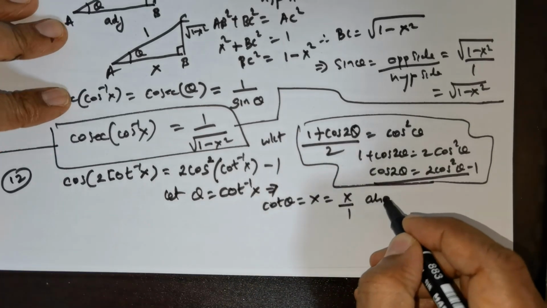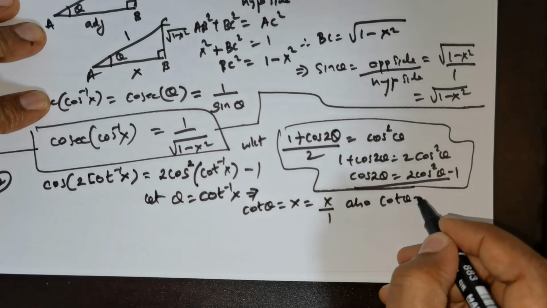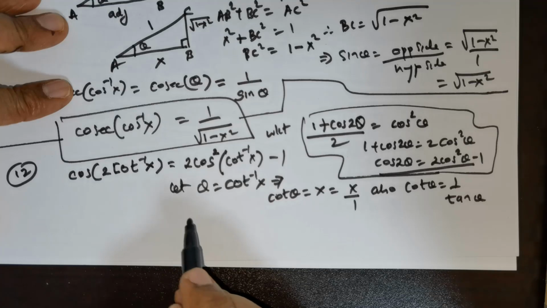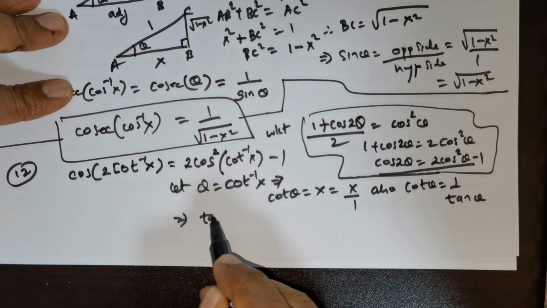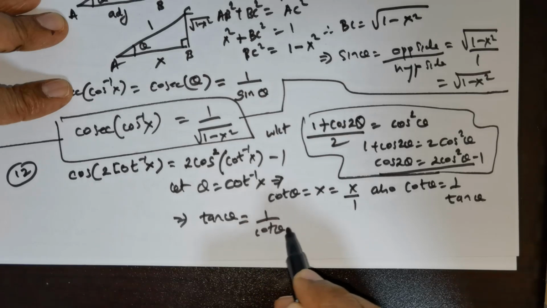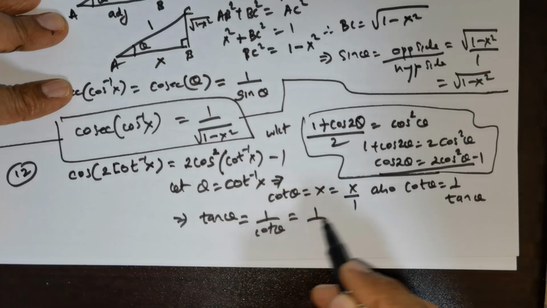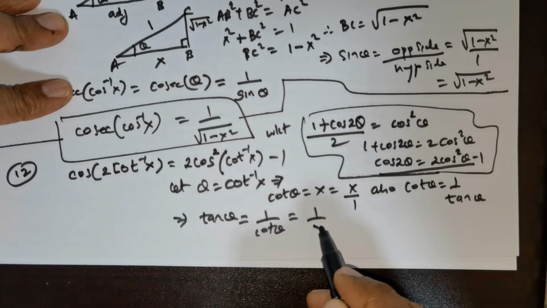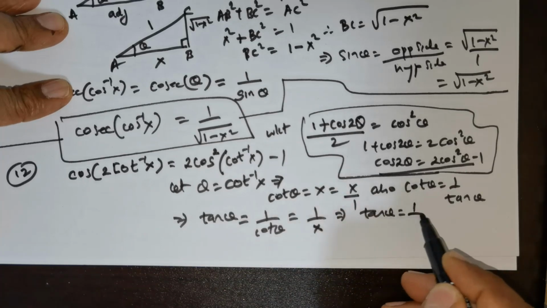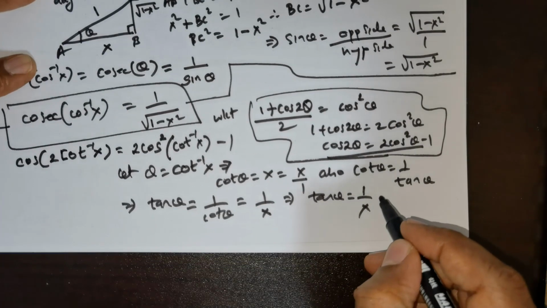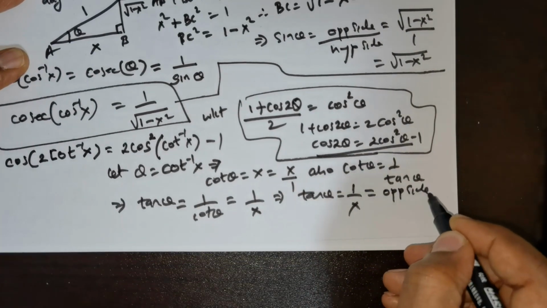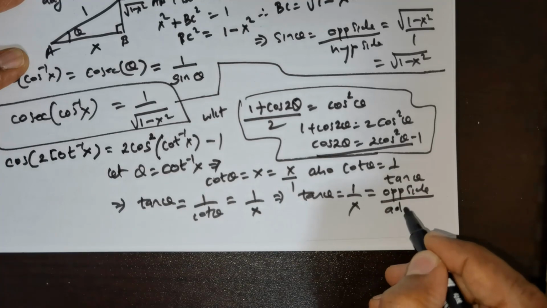Also cot theta is nothing but 1 over tan theta, and that would mean I can also rewrite tan theta as 1 over cot theta, but cot theta is x over 1, so tan theta is 1 over x, which is nothing but opposite side divided by adjacent side.